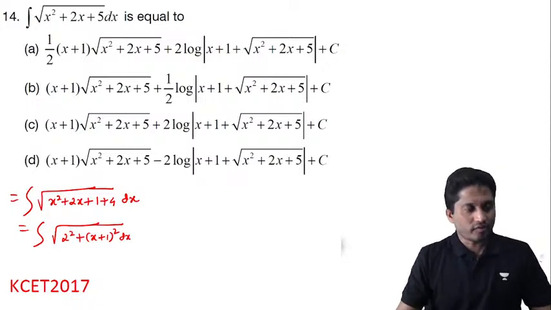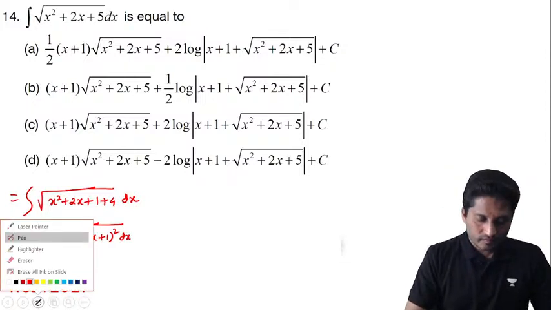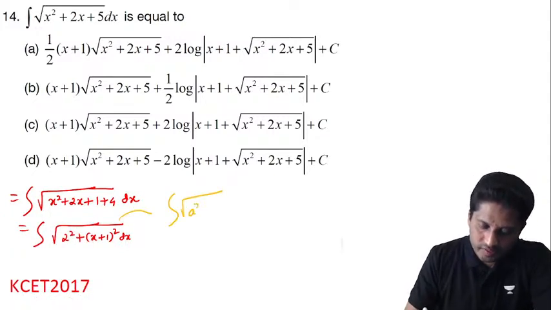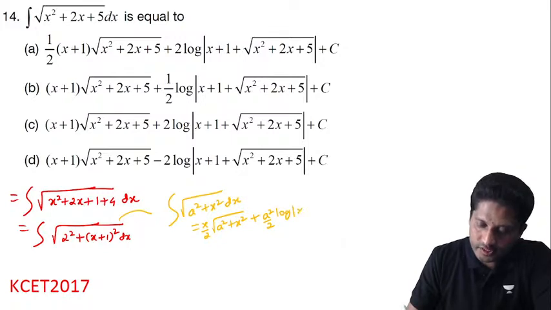Now this is of the form root of a square plus x square. The formula is x by 2 into root of a square plus x square plus a square by 2 into log of x plus root of a square plus x square, plus c.